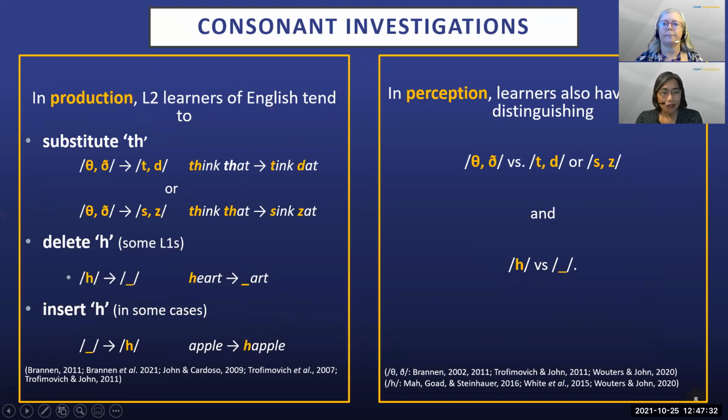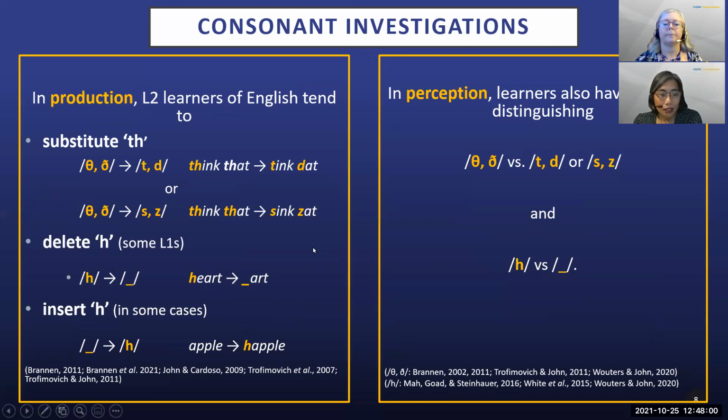Several studies have shown that L2 learners of English tend to substitute alveolar t, d or s, z for both the voiceless and voiced interdental consonants TH, so that "think" and "that" sound like "tink" "dat" or "sink" "zat." Please note that for the rest of the presentation, we will refer to the voiceless TH as theta and the voiced TH as eth.